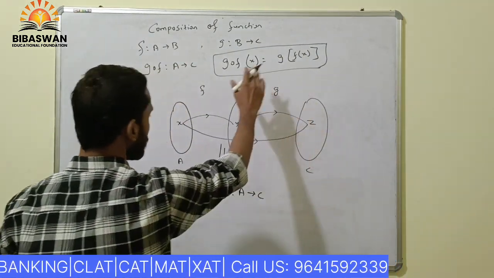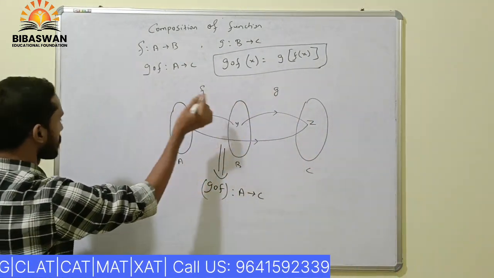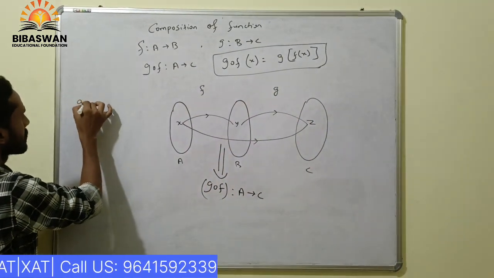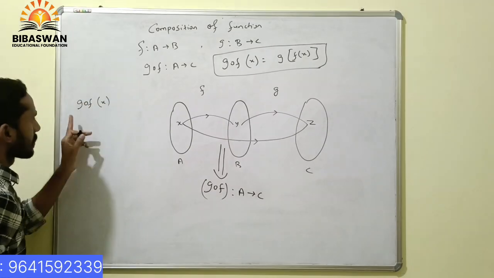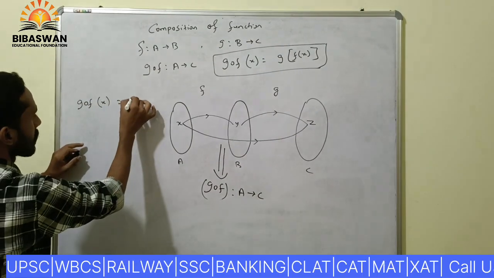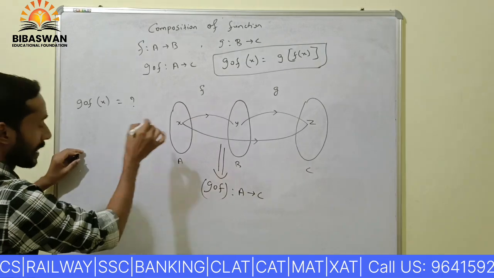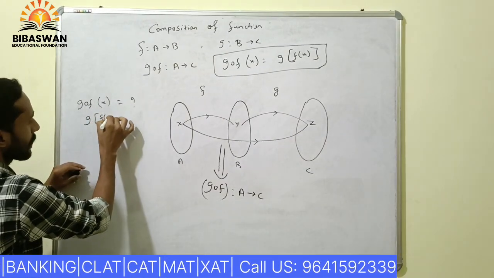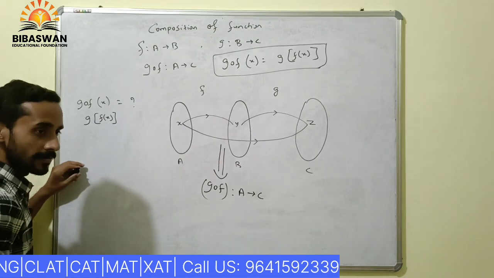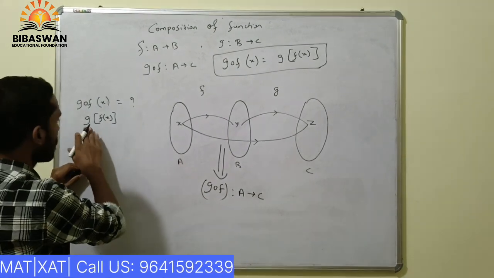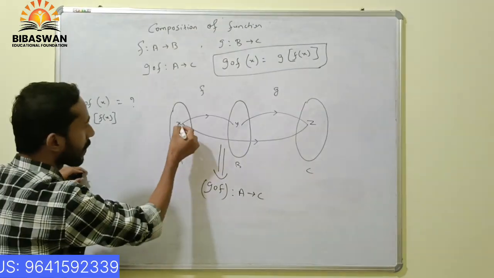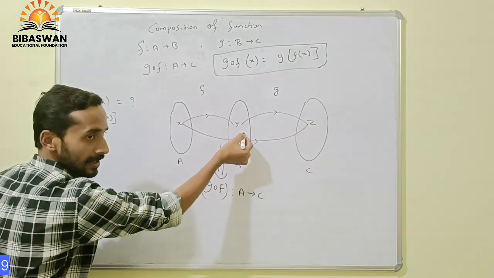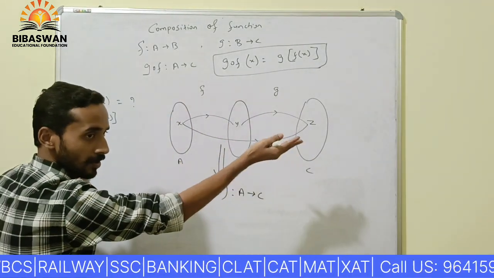Let us assume with this example. Understood? We have to find g of f is equal to what, according to this function. So what does this function say? g of f of x. And what is f of x here? y, because x is connected to y.